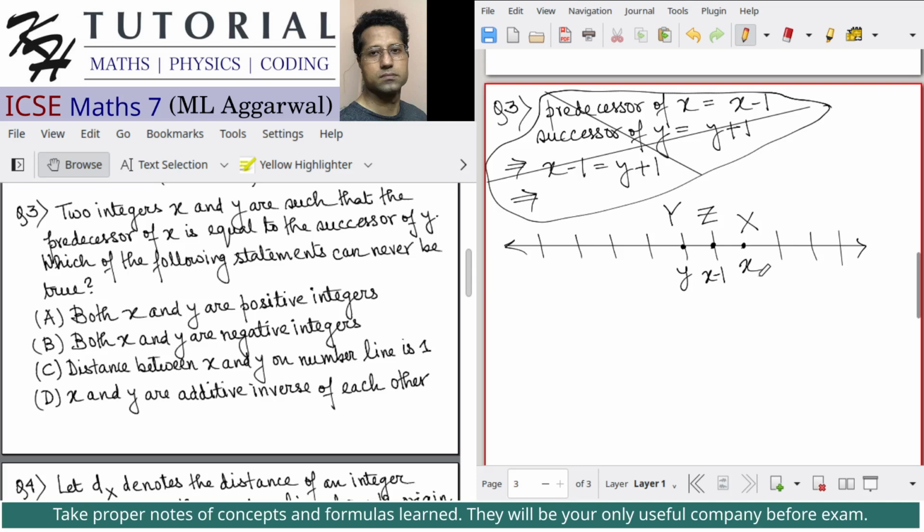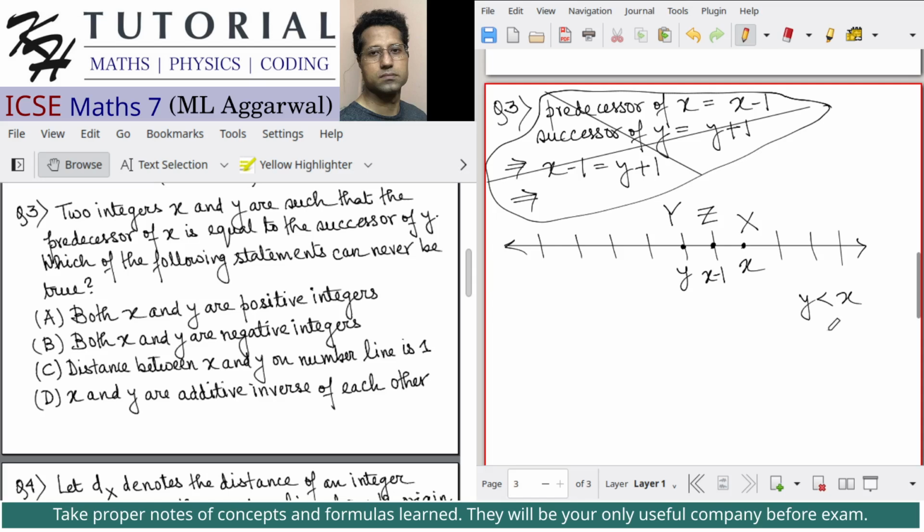And also we see that the predecessor of the integer x, marked by the point x, is x minus 1. So this is the scenario. This is the position of the integers x and y on the number line, which means definitely y is less than x, and between y and x there is only one integer, which is x minus 1.